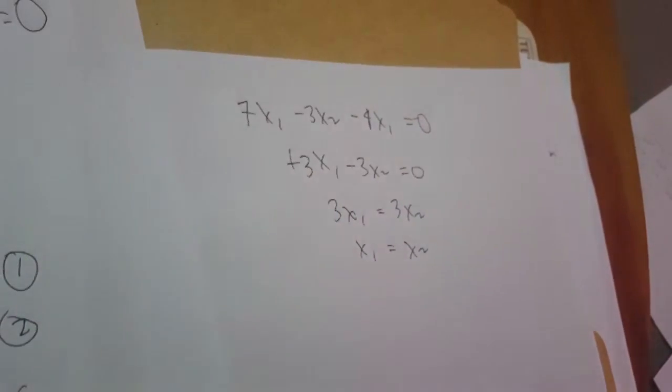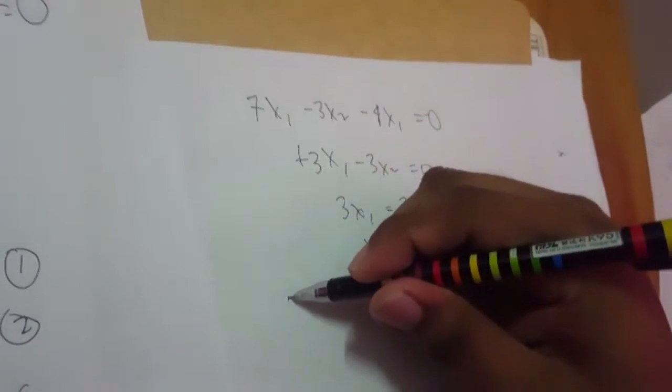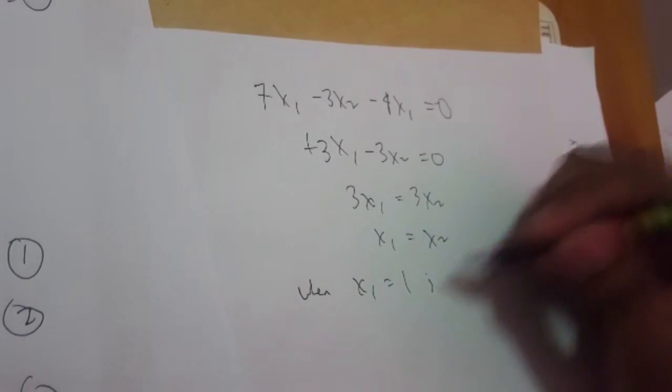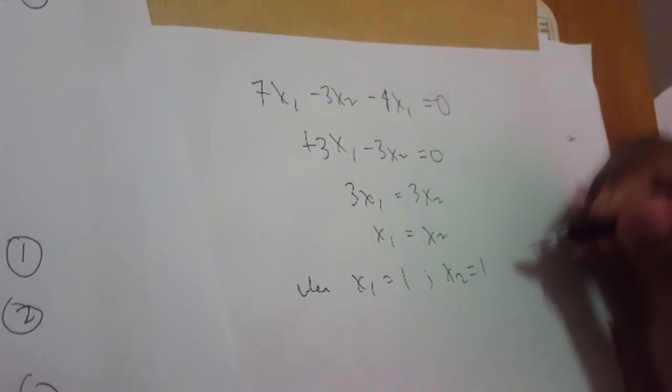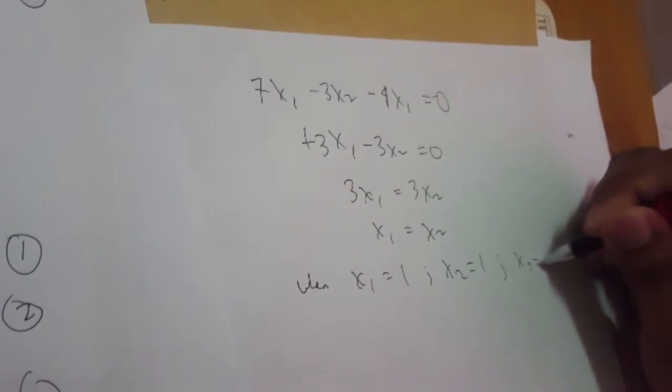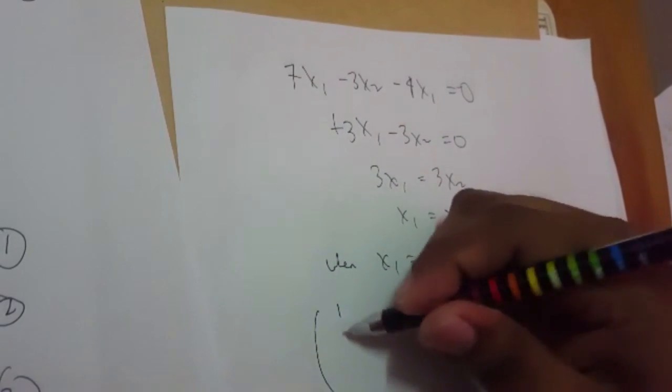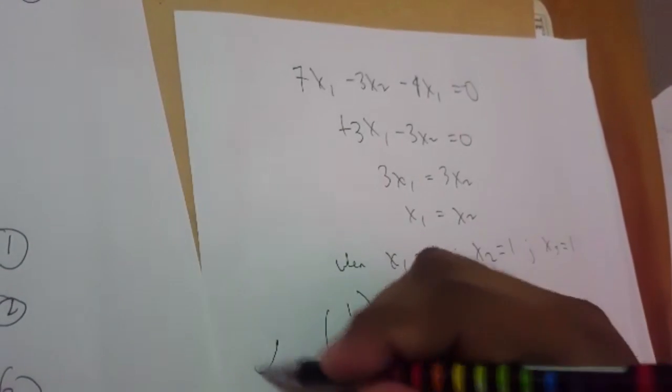Now when x1 is equal to 1, we get the same result as x2 equals 1, then x3 equals 1. So our second eigenvector is this one, 1, 1, 1.